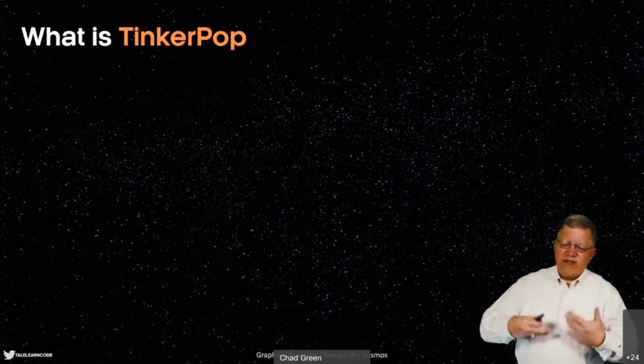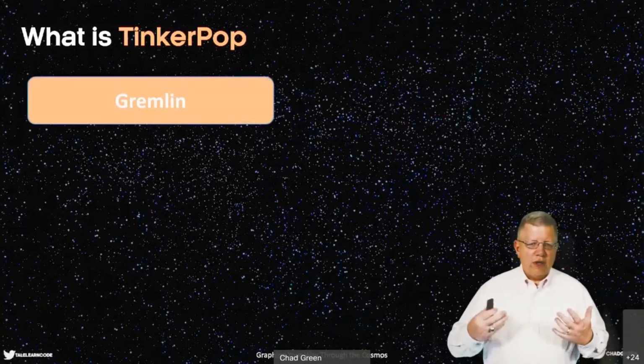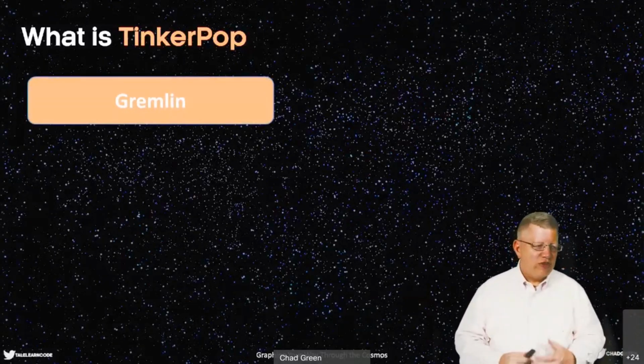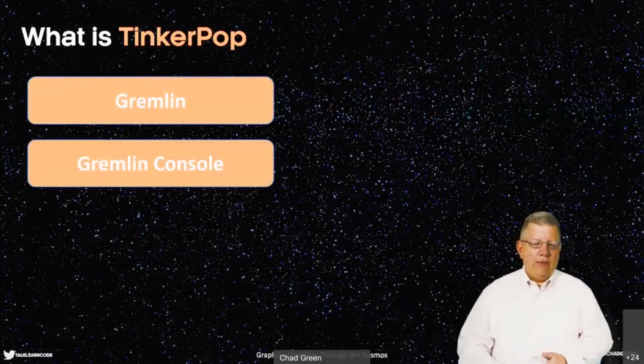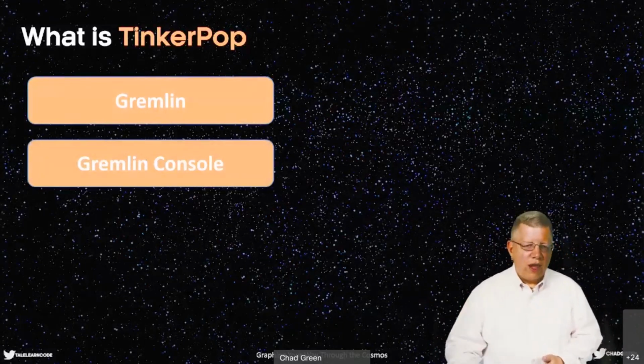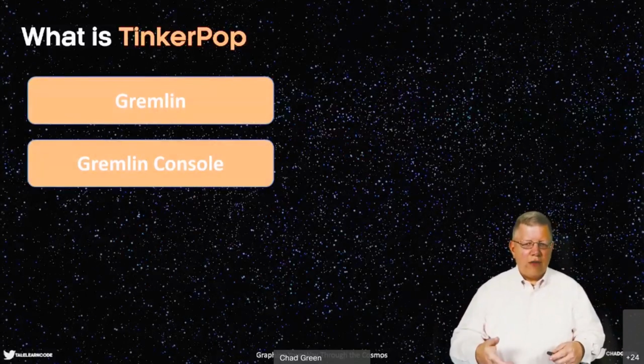So what is TinkerPop? TinkerPop is actually a pretty large project. There are several things that fall under it. Number one is Gremlin itself, the language that allows me to do those traversals across the graph. Next, we have the Gremlin console. This is an interactive shell for working with both local and remote graphs. It's a pretty nice little tool for doing your queries and so forth.